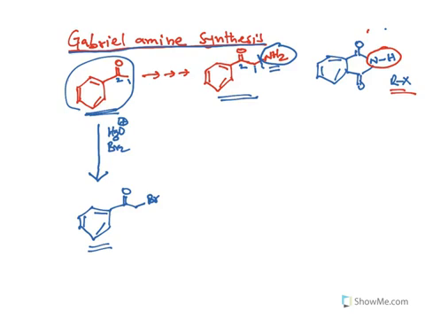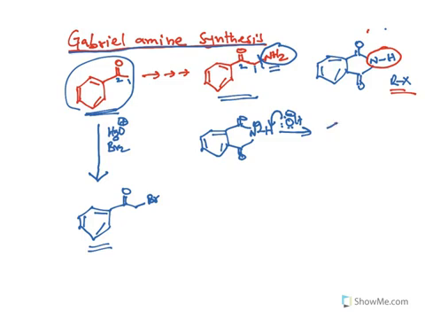So we can start from the phthalimide, and then we can use potassium hydroxide as a source of our base, which is OH minus. So this will be able to deprotonate, that we end up with an amide.